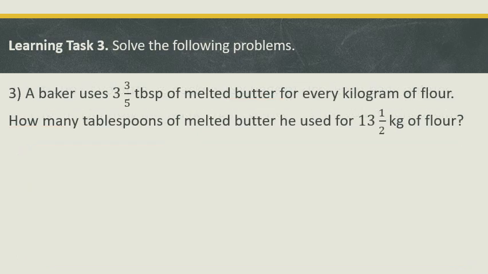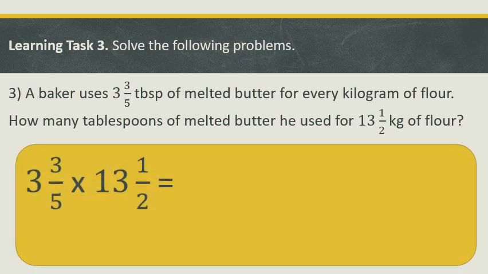So, number 3, a baker uses 3 and 3/5 tablespoon of melted butter for every kilogram of flour. How many tablespoons of melted butter he used for 13 and 1/2 kilograms of flour? Multiply po natin. Ang 3 and 3/5 po ay magiging 18/5.